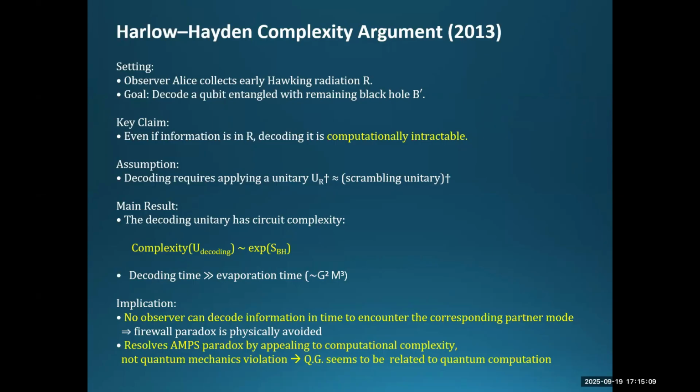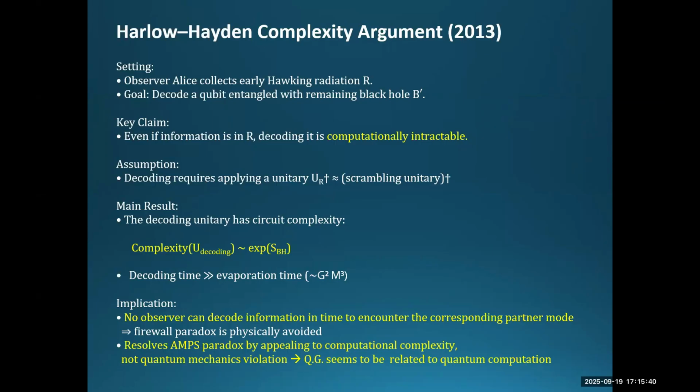So there is no chance to check the violation. No observer can decode the information in time to encounter the corresponding partner mode. It resolves the firewall paradox by appealing to computational complexity, not quantum mechanics violation.